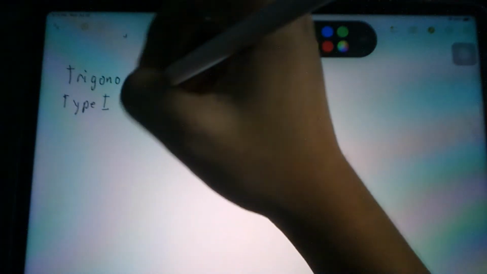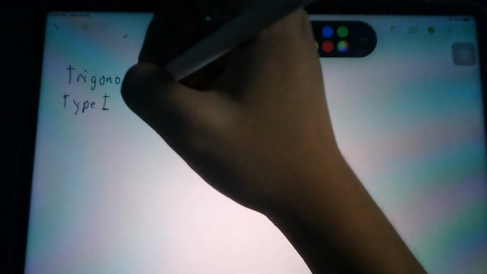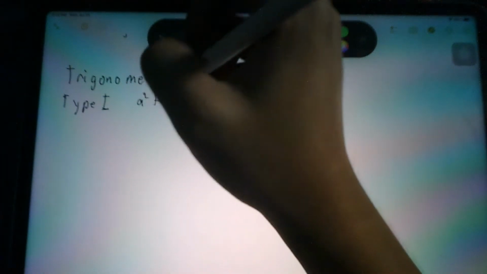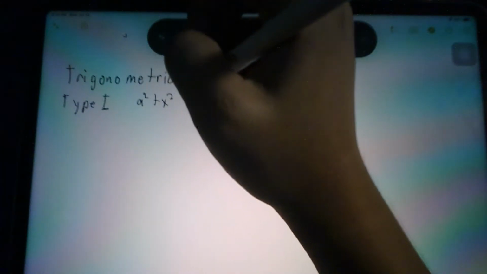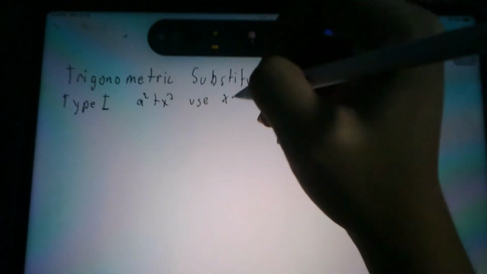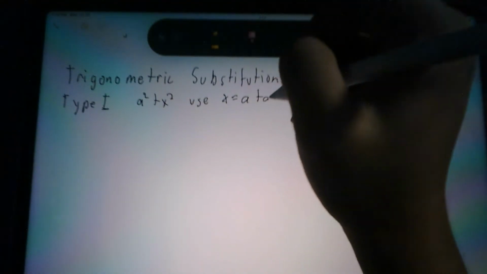If the integrand contains a squared plus x squared, where a here is our constant and x here is our x, we use x equals a tangent theta.